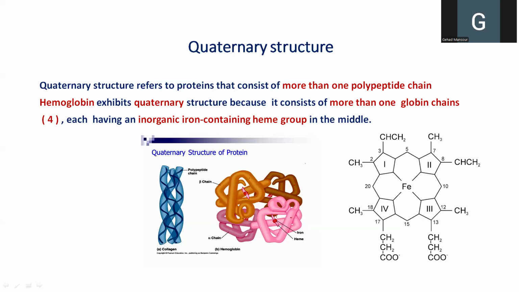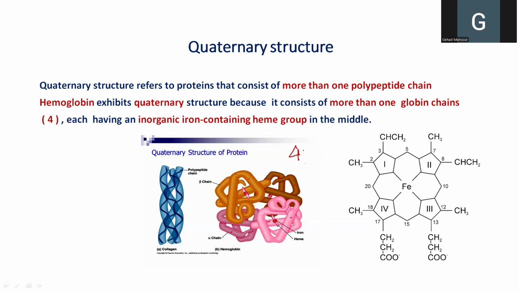They are 4 polypeptide chains, 2 alpha chains and 2 beta chains. Actually, the hemoglobin is made of 4 polypeptide chains: 2 alpha chains, the purple ones, and 2 beta chains, the brown ones.